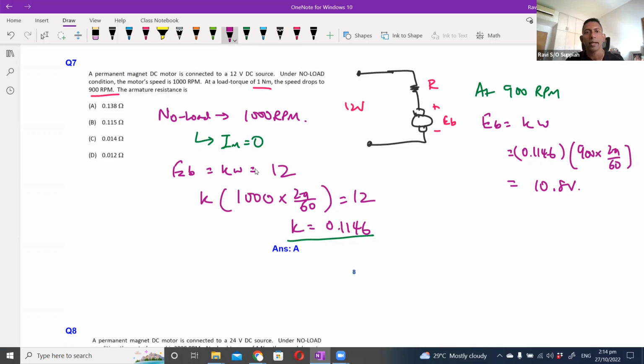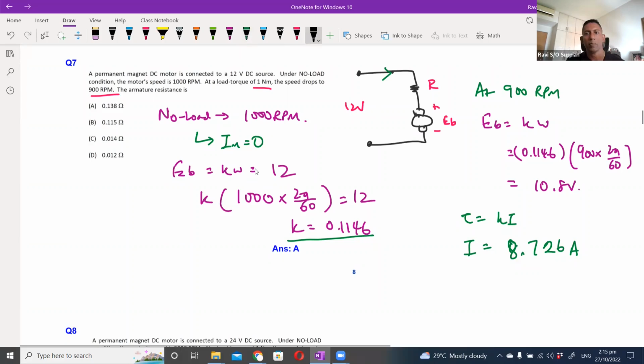Next, since you already know K, and you know the load torque, you can use this expression that torque is Ki. With that you can find your I, which is 8.726 ampere. Because torque is 1, and K is your 0.1146, so you can find your I. So once you find your I, you know this I value, you know the back EMF, and you know the source voltage.